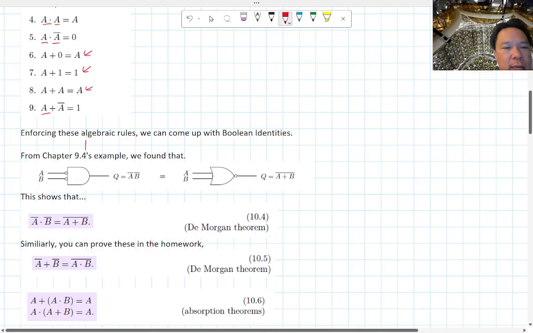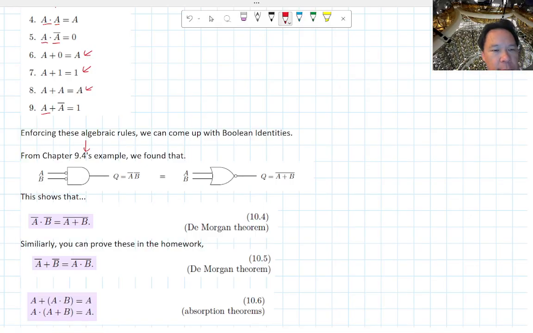In the last example in the previous lecture, in chapter 9, we showed that if you have A bar and B bar, where these bars are separate, and you connect these bars together, you always have to flip the middle, and this is known as De Morgan's theorem.